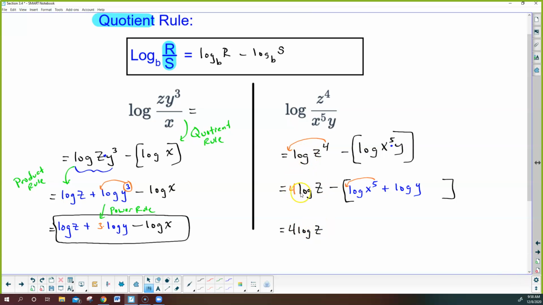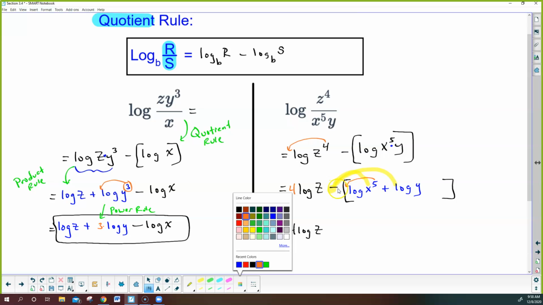So the first part, 4 log of z, that doesn't really change. But then I have to distribute the negative. Right? To both pieces, which is going to change the sign of that. So I'm going to first bring the 5 down.